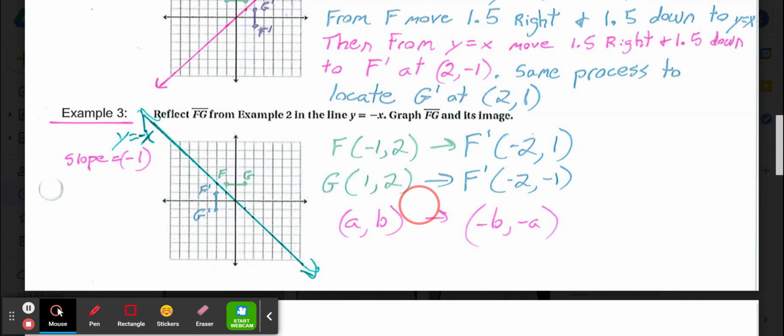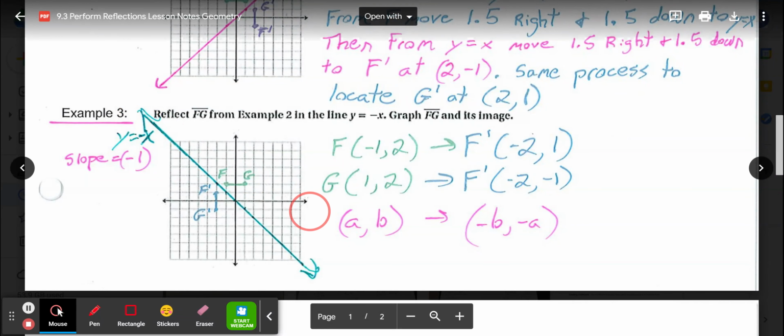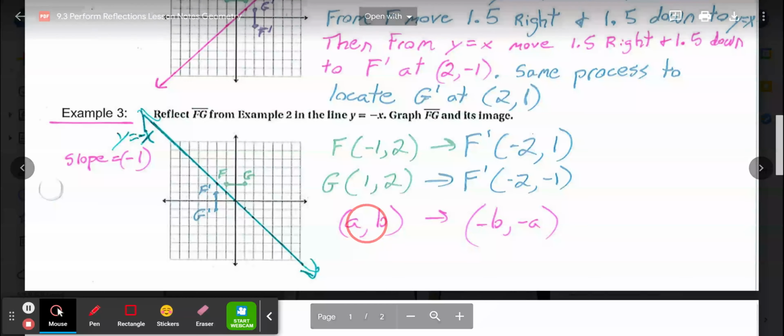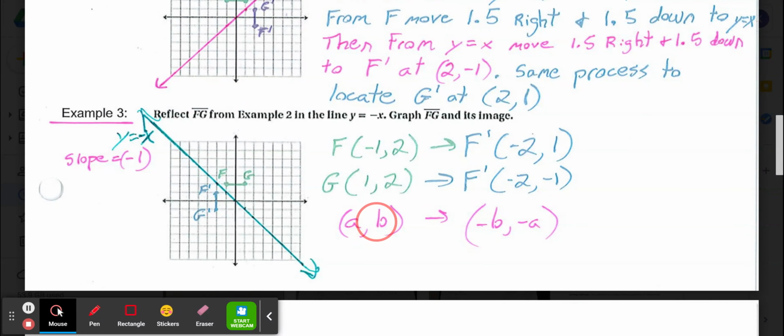So then we can see a rule starting to happen. If we're reflecting over y equals negative x, our current point (a, b) would become (opposite of b, opposite of a). If we look at this, the negative 1 moves to the back and we flip the sign. The 2 moves to the front and we flip the sign.